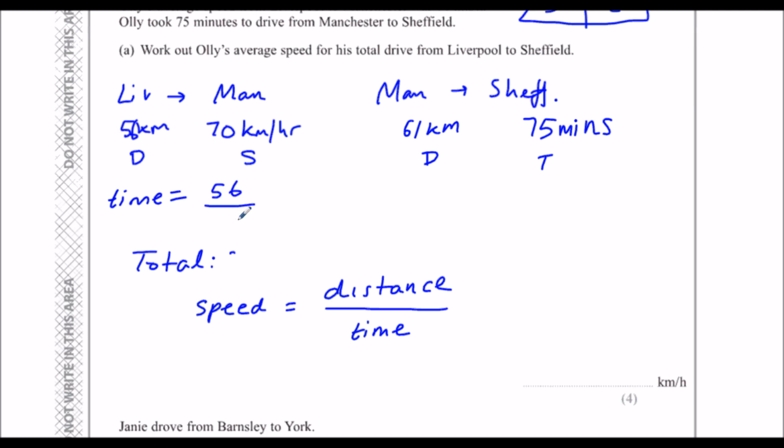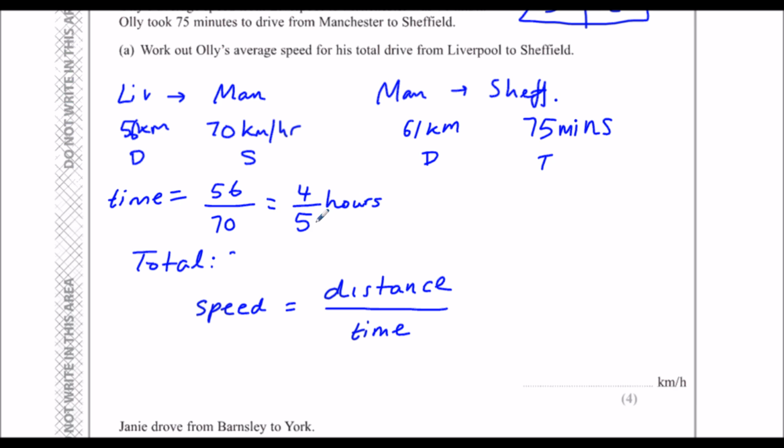So distance over speed, 56 over 70. So 56 over 70, and that gives us 4/5. So 4/5 or 0.8, and that is in hours, which is useful. 4/5 of an hour. We will keep that, and we will change the other one into hours as well.